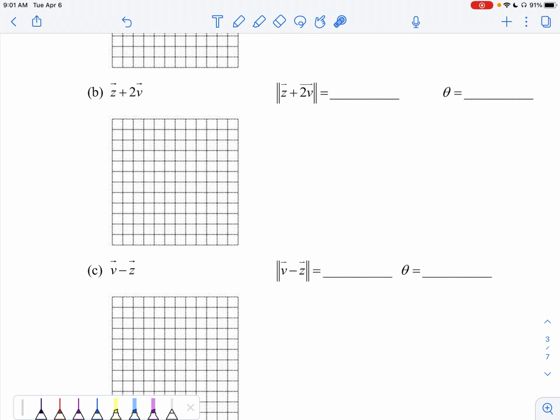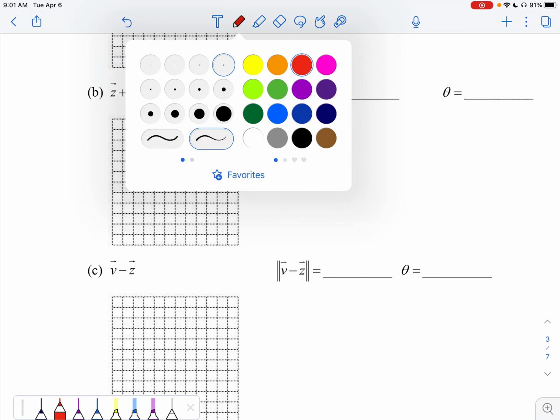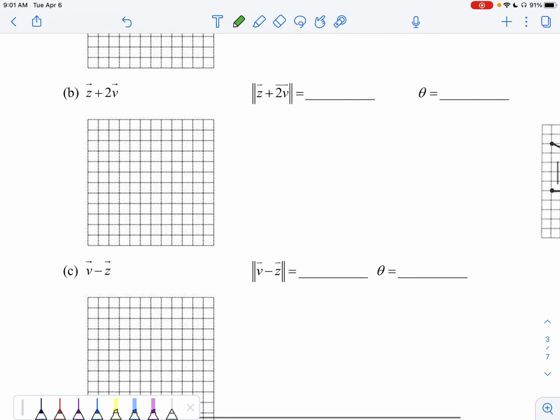Again, it doesn't really matter for these where you start on your paper. Just pick a spot and start there. We'll start here, and our Z is going 5 units right, 3 units up. There would be my vector Z.